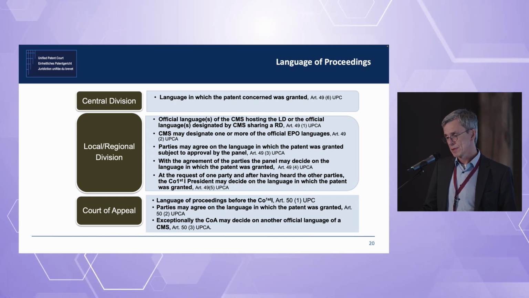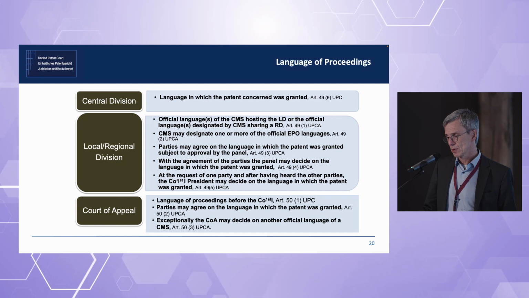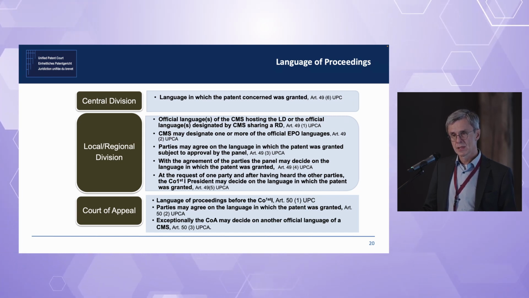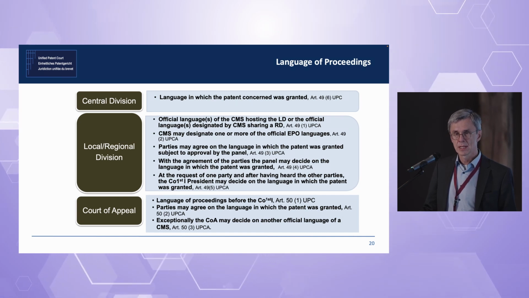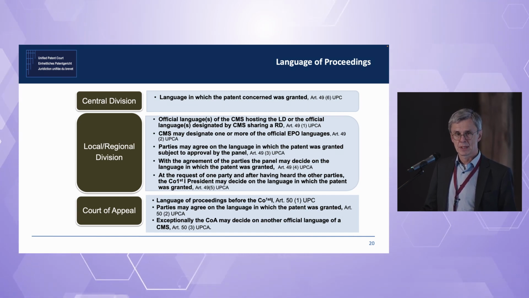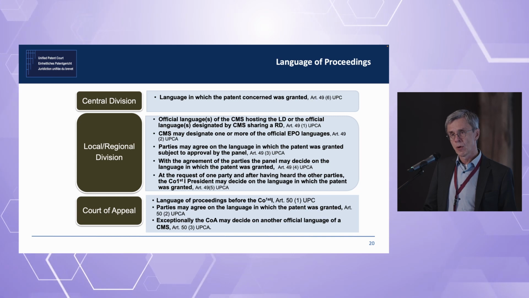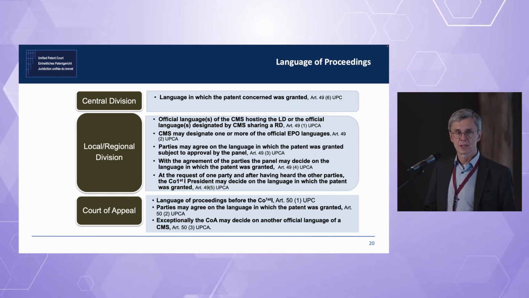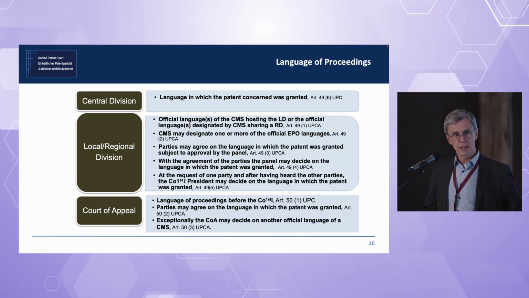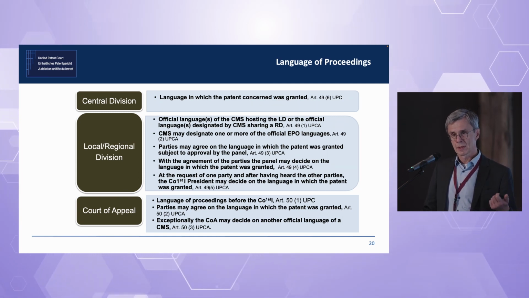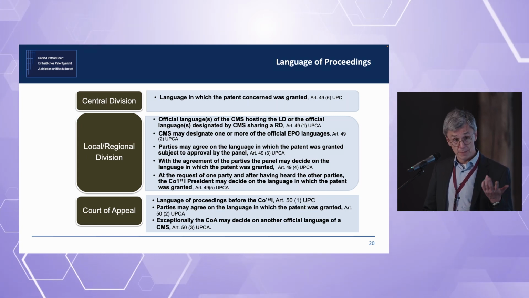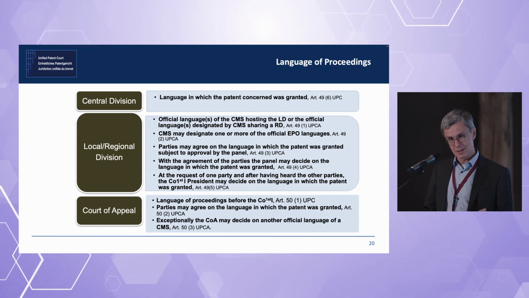But member states hosting a local division could alternatively determine one of the 3 EPO official languages as an alternative language of proceedings. And that is what all contracting member states hosting a local division did. So, for example, in Germany, the claimant can choose between German or English. France, astonishingly, but it's the case, it's the same.